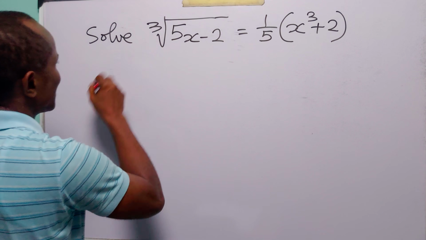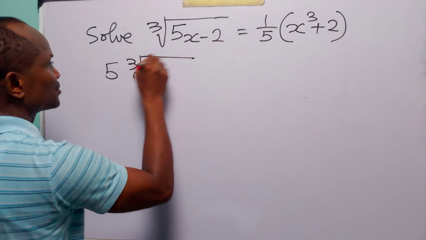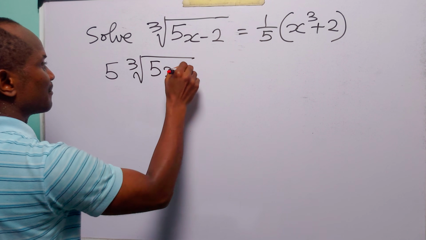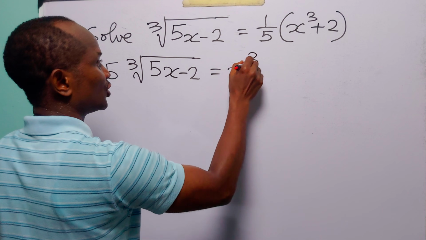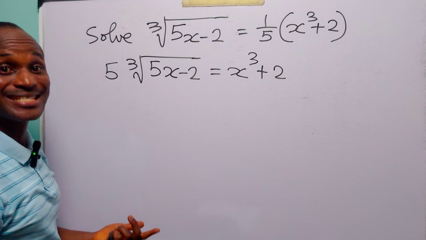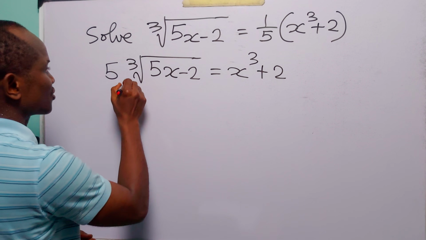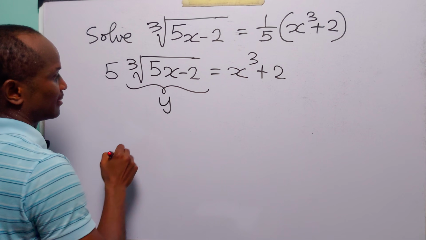Now, when we do that, we have that 5 times the cube root of 5x minus 2 is equal to x cubed plus 2. Now, the next thing we are going to do is a substitution. Let us call the cube root of 5x minus 2 y.